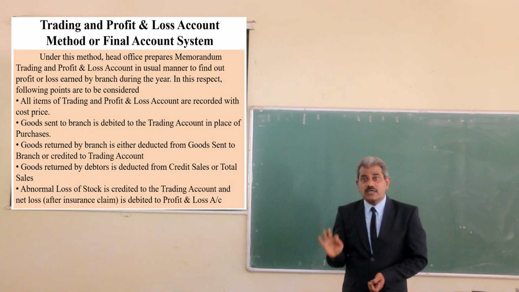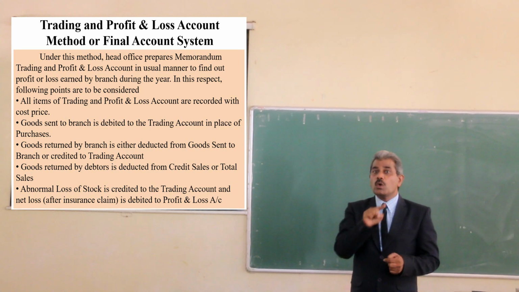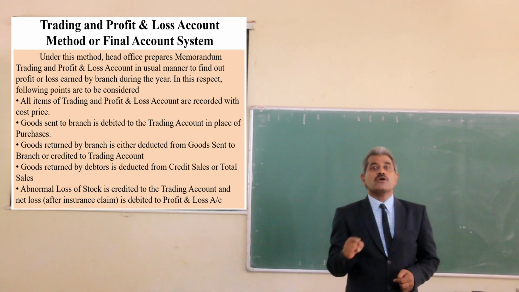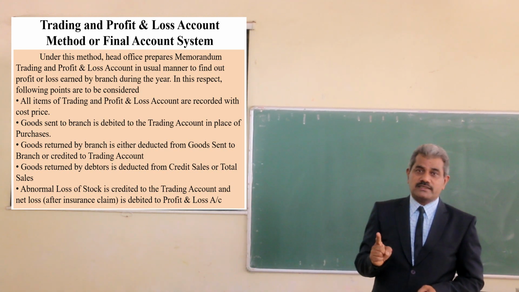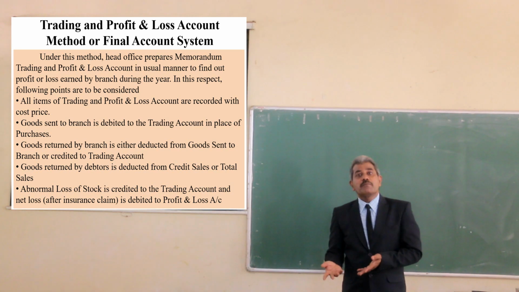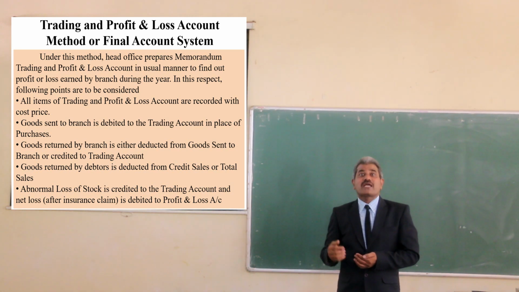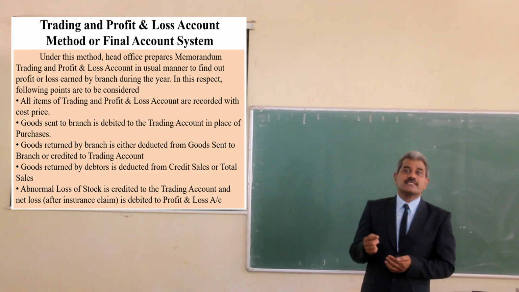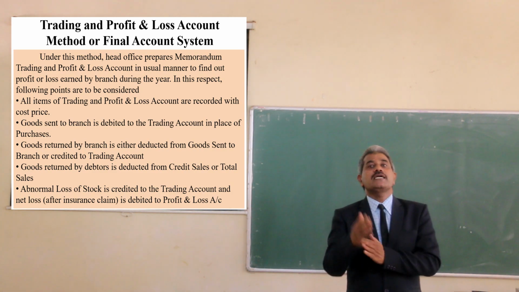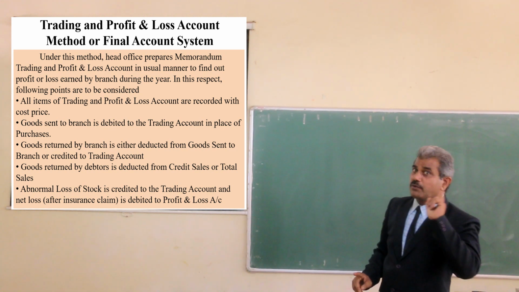You can't record all goods items at invoice price. If the prices are given at cost price, then it is okay. But if the prices of the goods items are given at invoice price, then you have to convert them into cost price and record only the cost price. This is a very important thing.